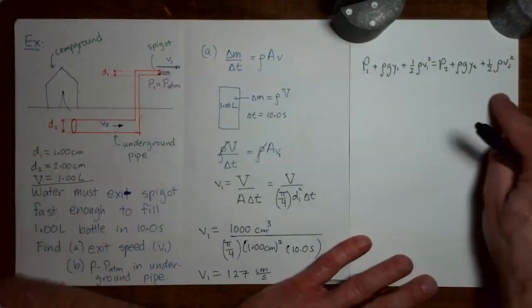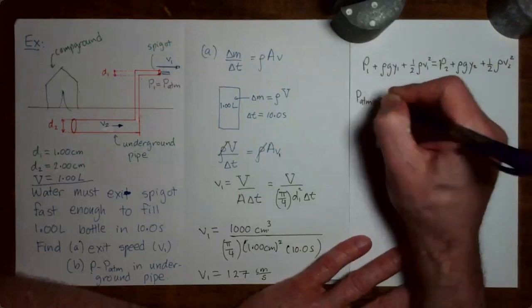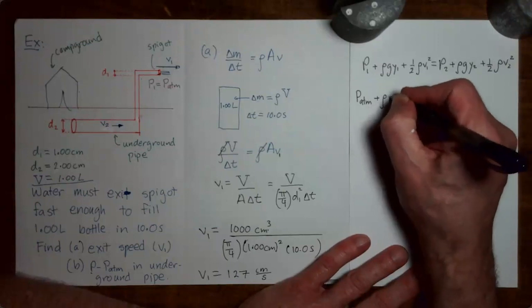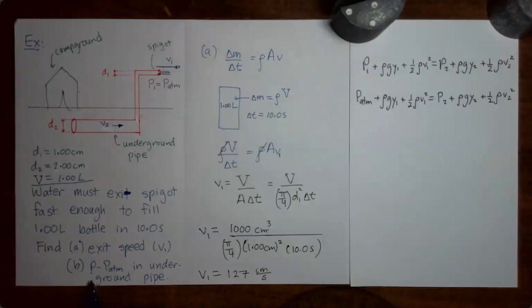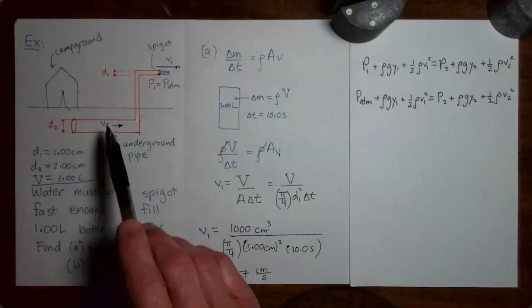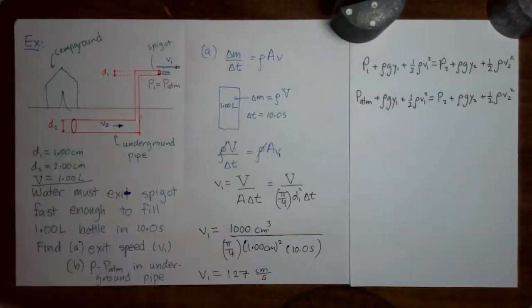And I'm actually going to go back to Bernoulli's equation here and just make that one change in Bernoulli's equation. Now remember that the problem was actually asking us to find the pressure in the underground pipe minus the atmospheric pressure.